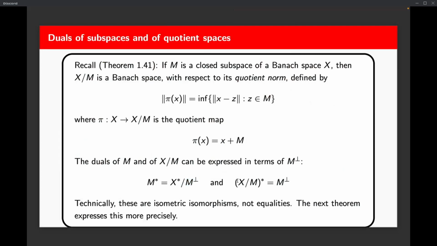And then the dual version of this is if we take the quotient space X mod M and then take its dual, that's isomorphic to the right annihilators of M.